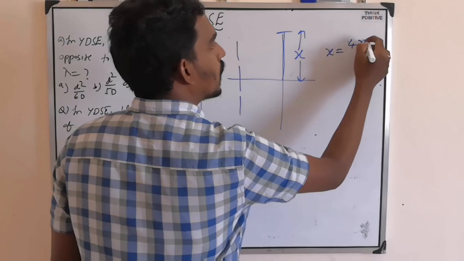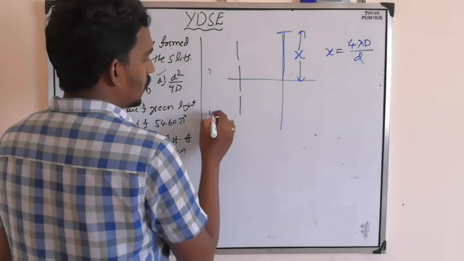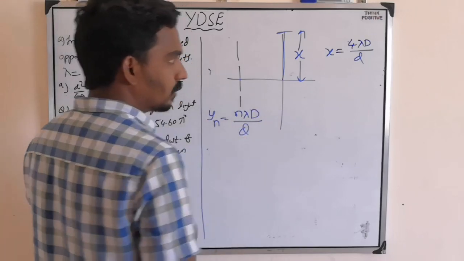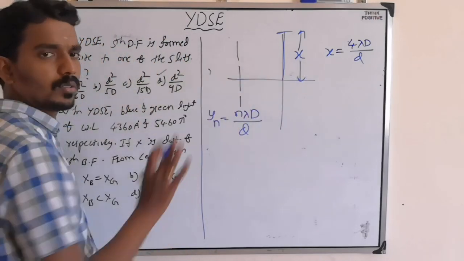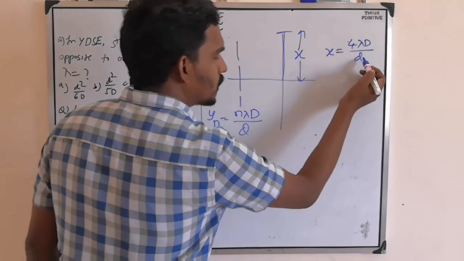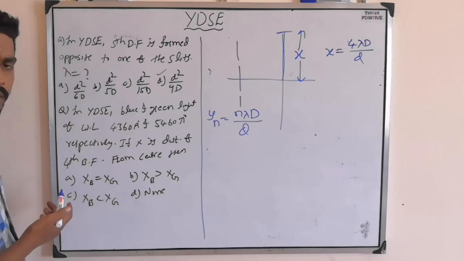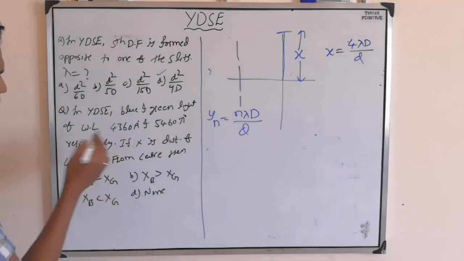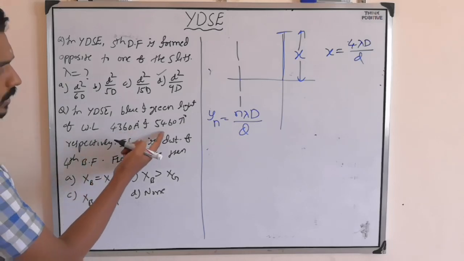So it is 4 lambda D by d, because the distance for the nth bright fringe is n lambda D by d. I took the formula, understood the question, and then substituted. Now capital D and small d are the same for both wavelengths. What is different? Lambda. Here lambda for blue is lesser than green.